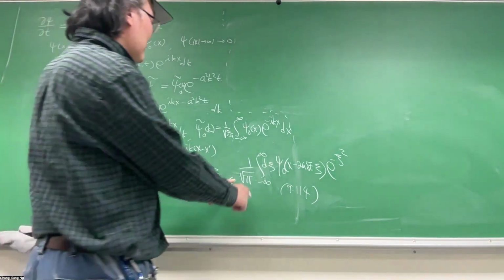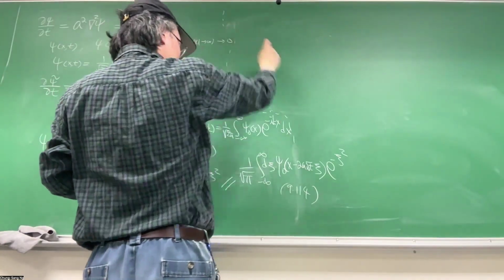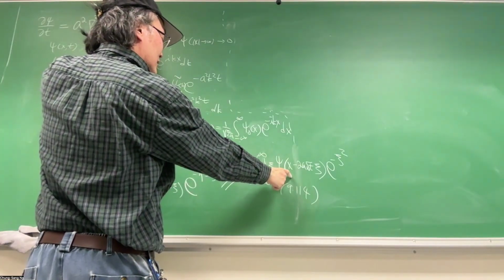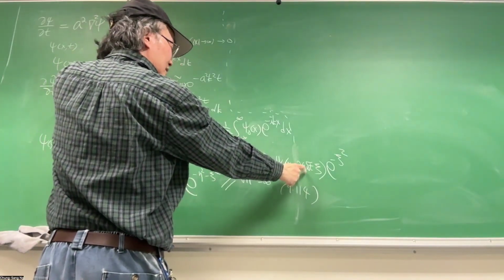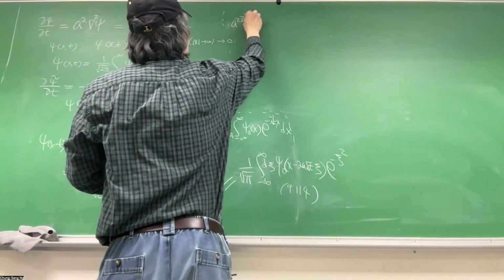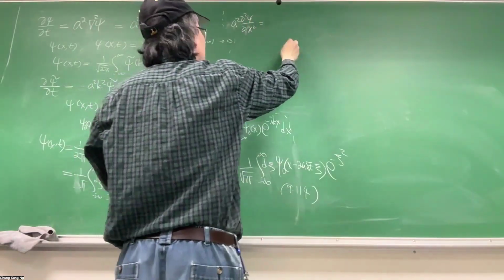Now you put it back to the equation. The right-hand side is easier because of the second derivative. This one only depends on x minus something. So the second derivative is easy. So the right-hand side is x squared, also squared size of x.